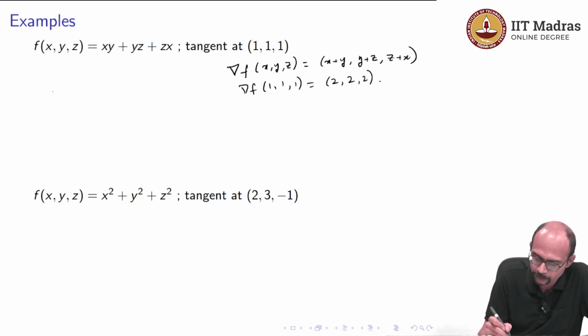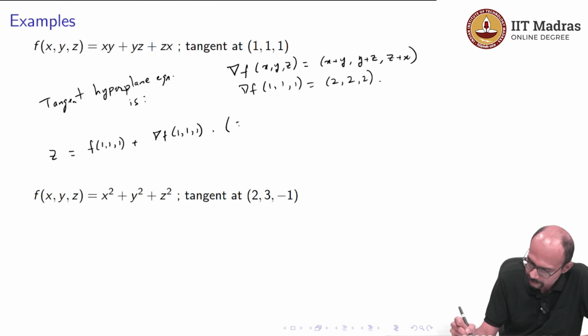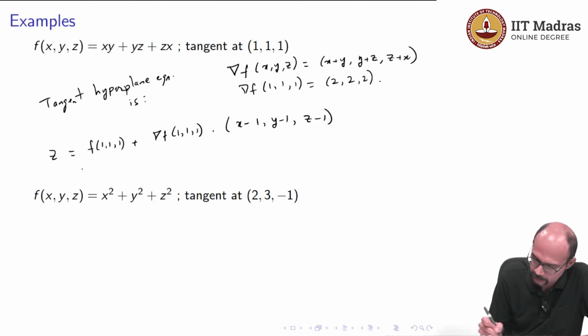And now if we use this, what we will get is that the tangent hyperplane is z is equal to f of 1 comma 1 comma 1 plus this gradient at 1 comma 1 comma 1 dot with x minus 1, y minus 1, z minus 1. If you work that out, f of 1 1 1 is 3.